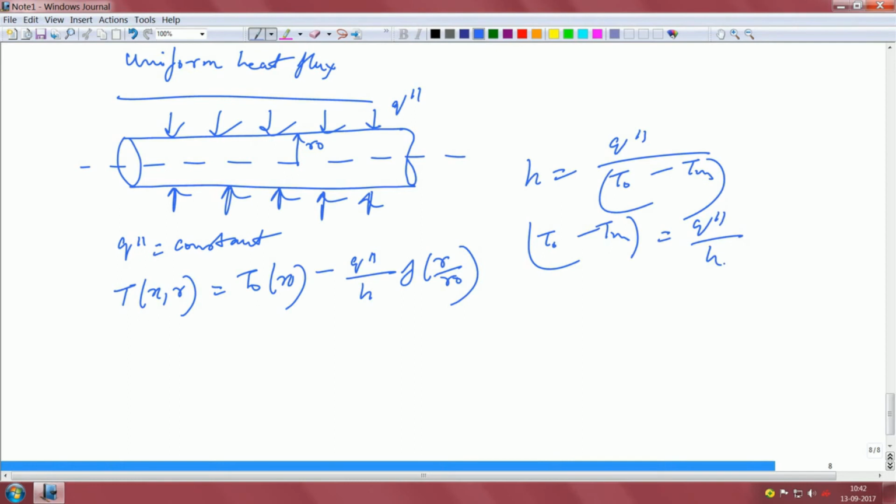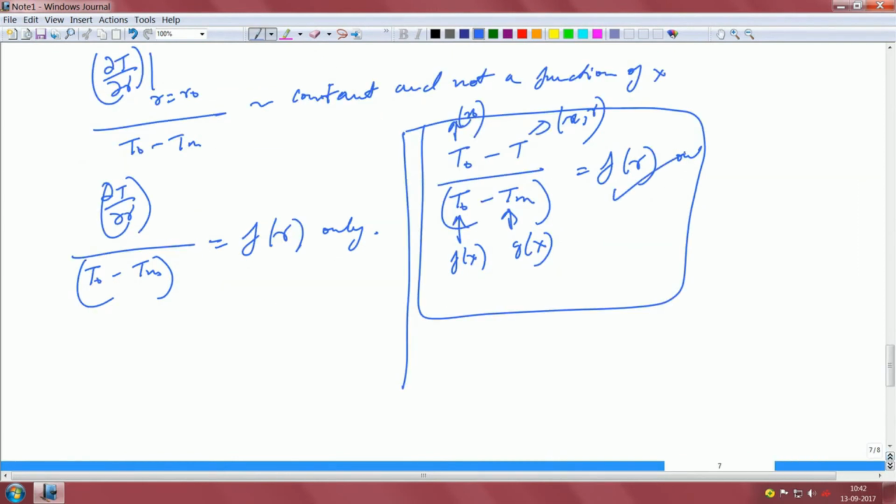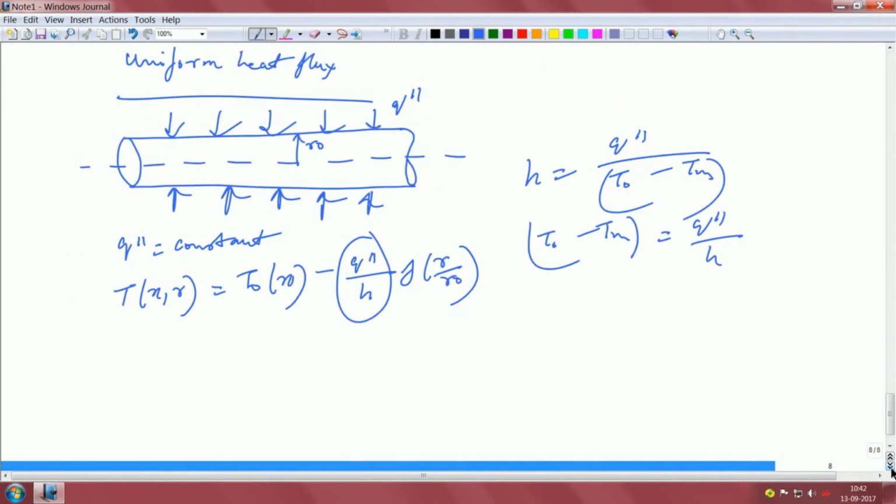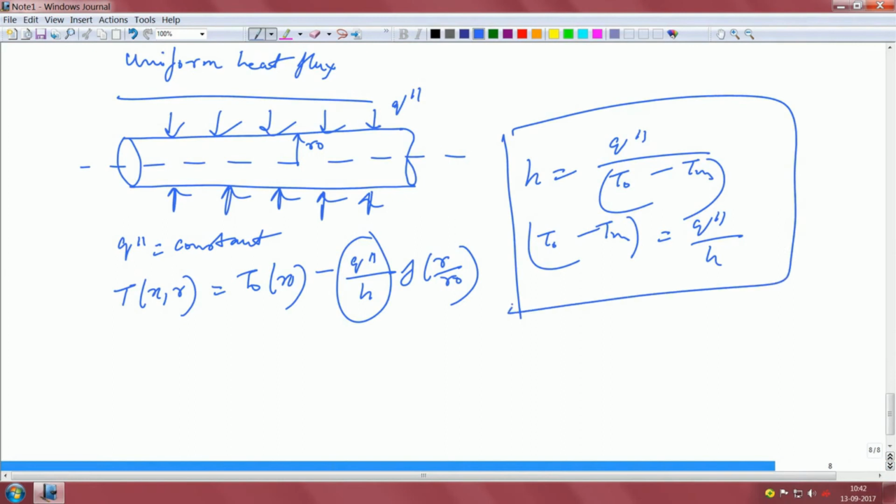That is exactly what we have done over here. There is no difference between this and this; they are essentially the same. Only T naught minus Tm has been substituted by Q double prime, because Q double prime is given and it is a constant. That is the only reason. So don't lose track of this.